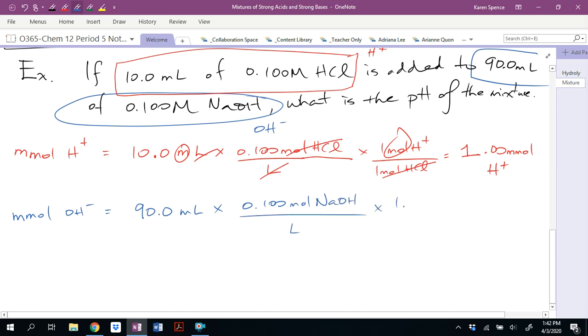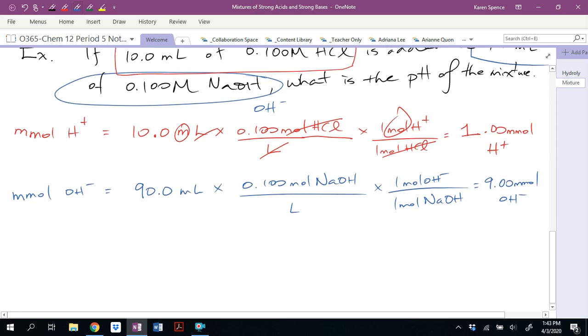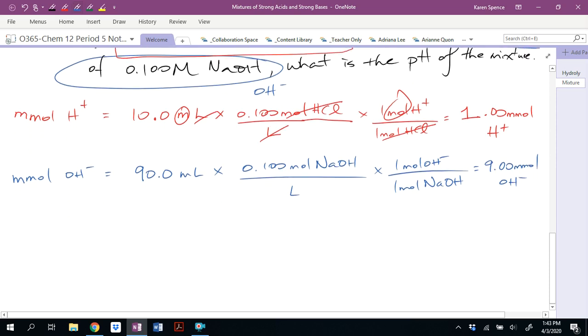And there is 1 mole of OH minus for every 1 mole of NaOH. So we will end up with 90 times 0.1, which is 9.00 millimoles of OH minus. I'm hoping that at this point it's really obvious to you that our OH minus is going to be the reactant that is in excess.